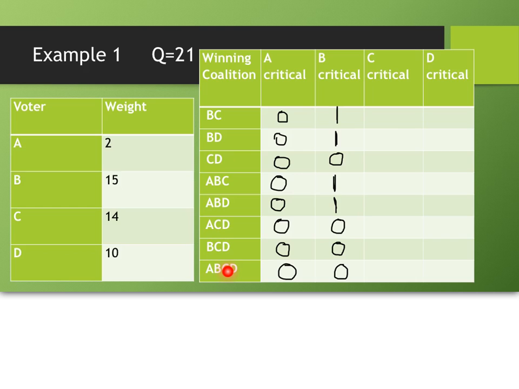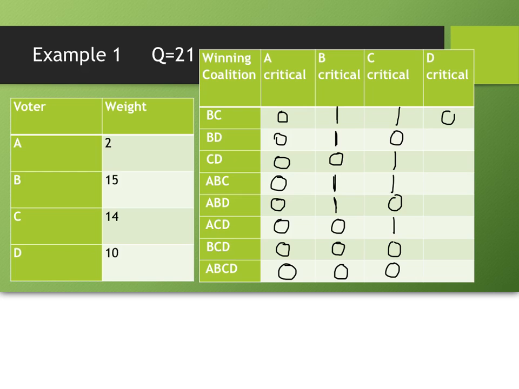And C is not critical here because ABD still works. So 0, 0, C was critical there. Obviously, C is not critical where it isn't present.